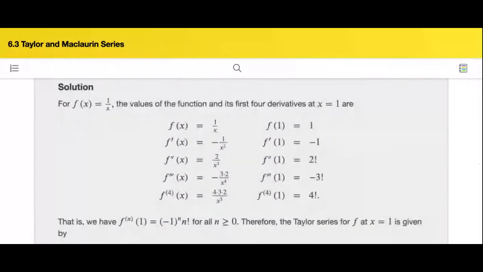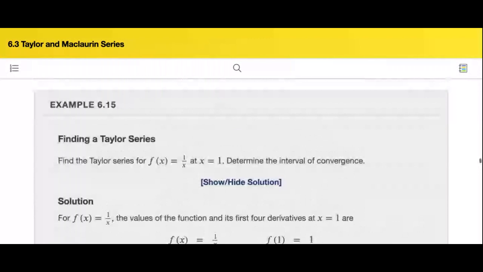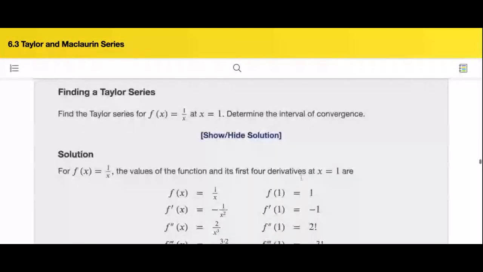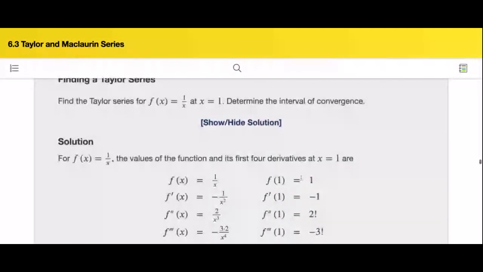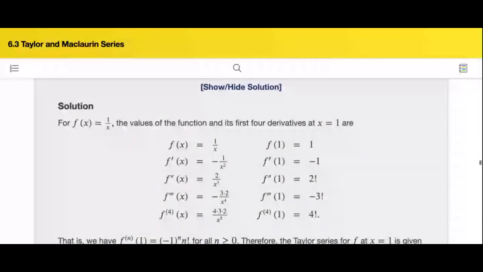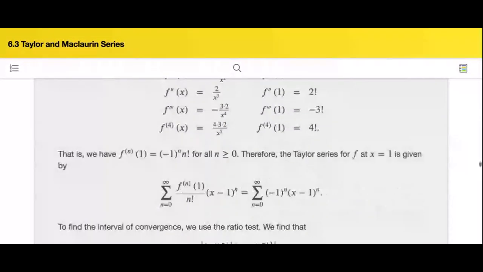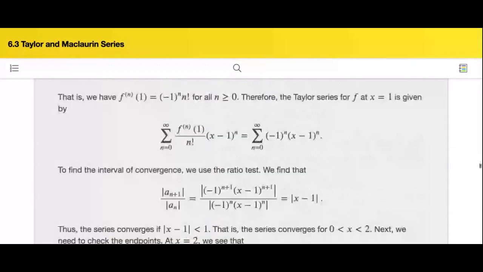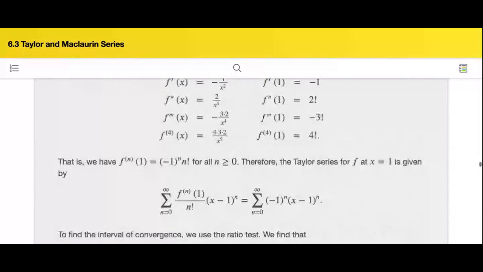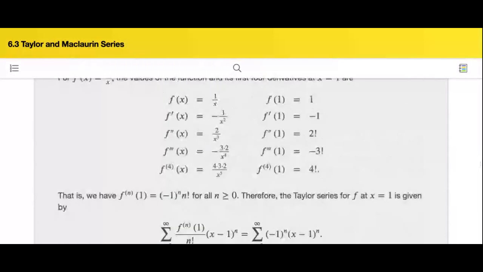Then we evaluate at the center given. The center is 1. So we want to determine the interval of convergence because each time we approximate, we get a function. So we take the derivatives, and we evaluate at the center 1, we get all this.